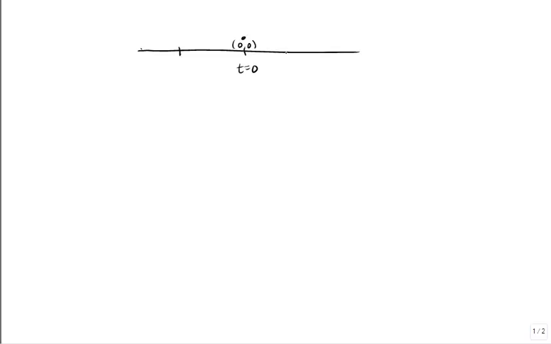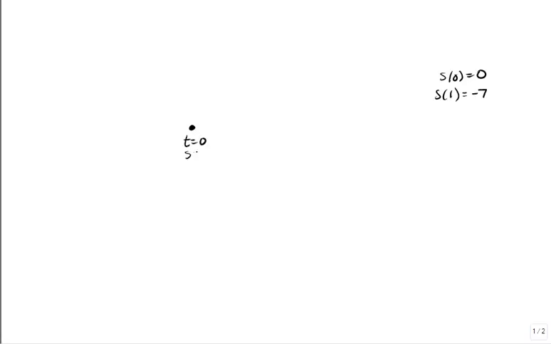At t equal 1, the position we substituted back in is negative 7. So here, let me draw this. So this is t equals 0. We're at 0. T equal 1. We're at negative 7. So we're going this way.